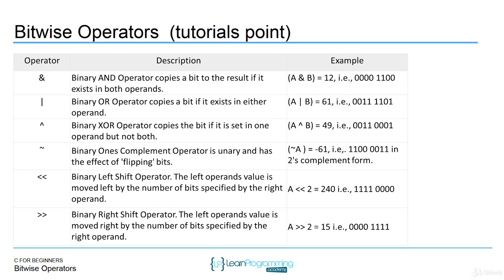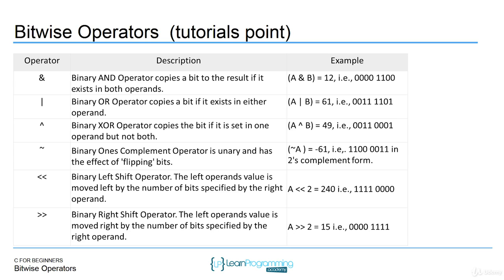So I'm assuming that A has a certain binary representation and B has a certain binary representation. If A is equal to 60 and B is equal to 13, then the result of ANDing them together, doing a bitwise AND, is going to be 00001100, which is 12. I'll go through these examples, but this is trying to provide a little description of these different binary operators.